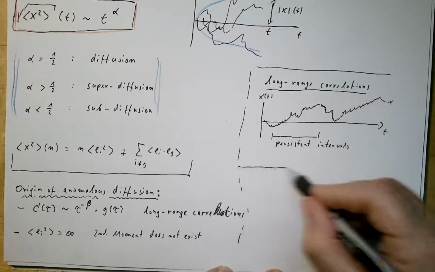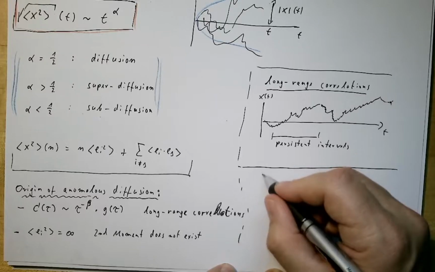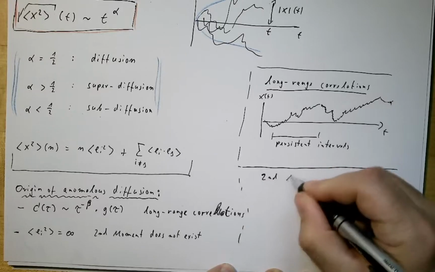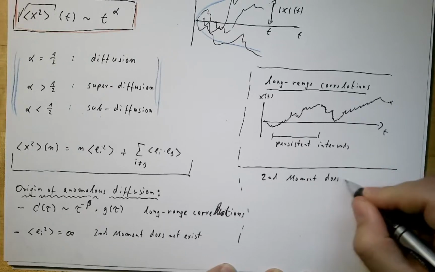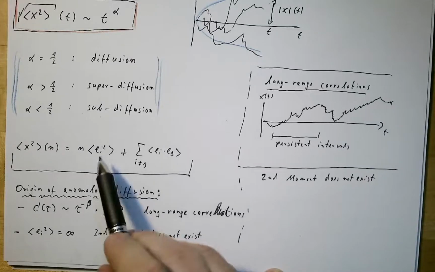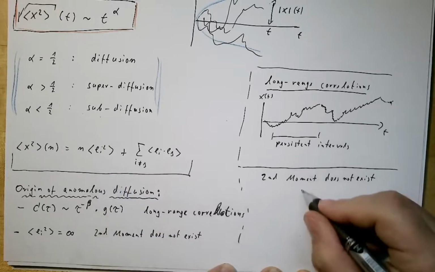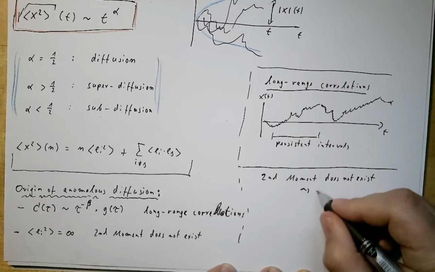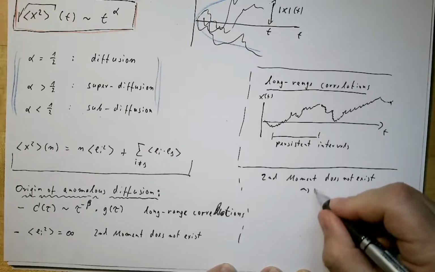And what's then in the other case? Let's say the second moment doesn't exist. How can the second moment not exist? This means that at least sometimes you have very large increments. Let's directly write it here: we have rare large increments.